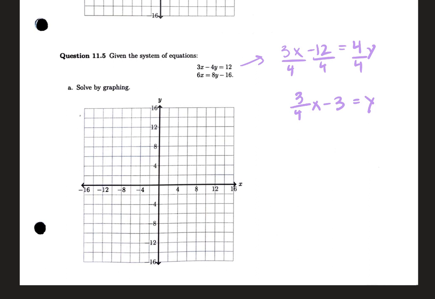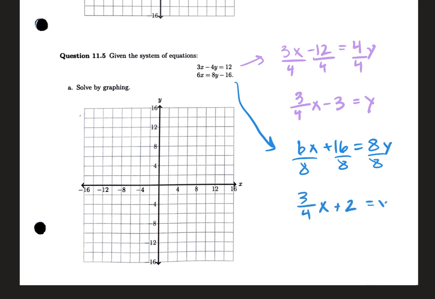Okay, and then my second equation, I get, let's see, ooh, darn. Okay, let's add that 16 over. That equals 8y. And if I divide everything by 8, I get 3/4 x plus 2 equals y.